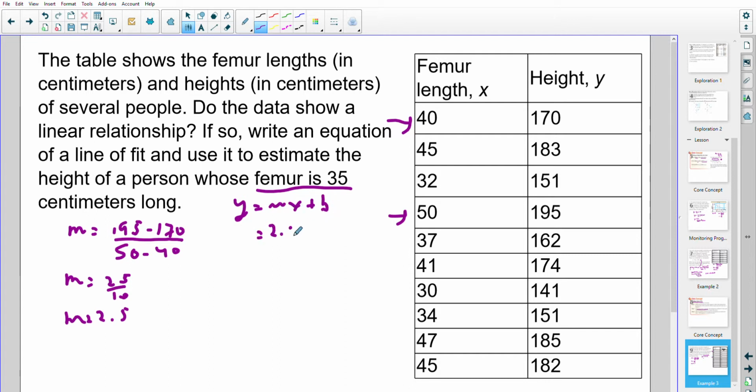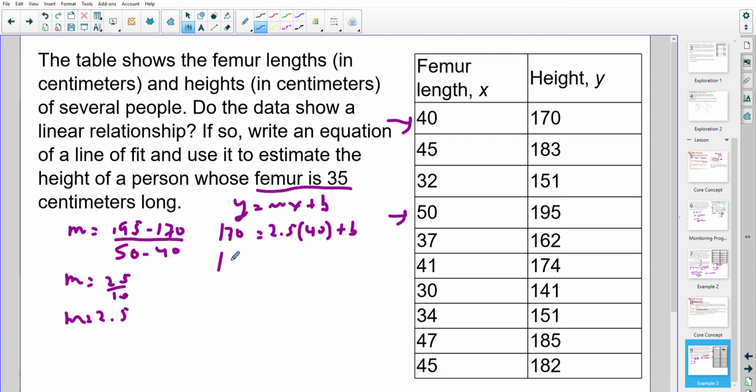Now, you would use your y equals mx plus b equation, and now you know that the slope is equal to 2.5. Again, choose a point that's easy to work with: 40, 170, which is the same point I have here. So 170 equals 2.5 times 40 plus b. And 2.5 times 40 is equal to 100.